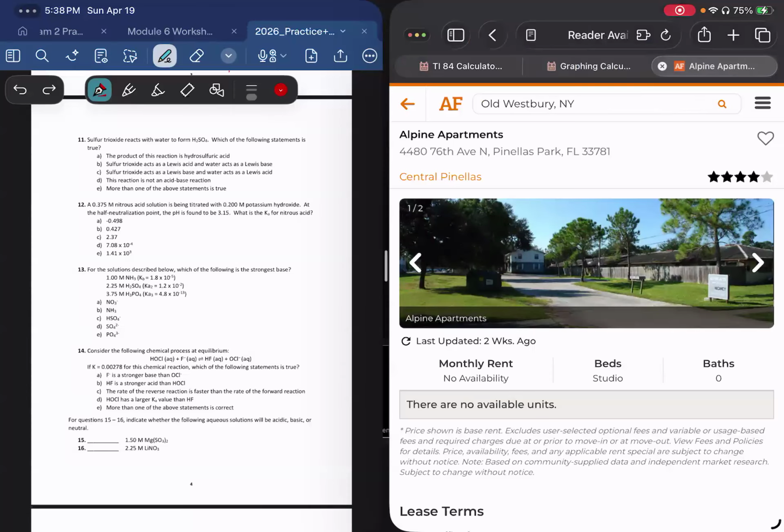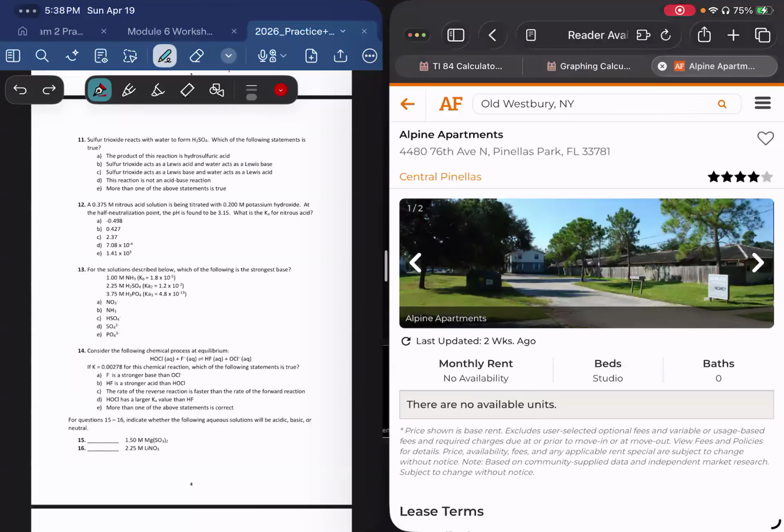For the solution, describe which of the following is the strongest base. So, yeah, when you do this, what's important is you need to figure out the Kbs of things, right? So you don't need to know the concentrations, so they don't matter.